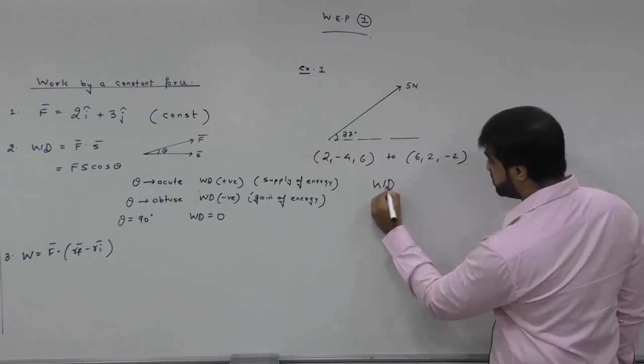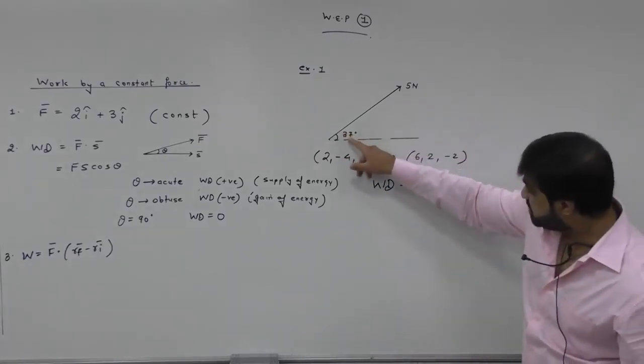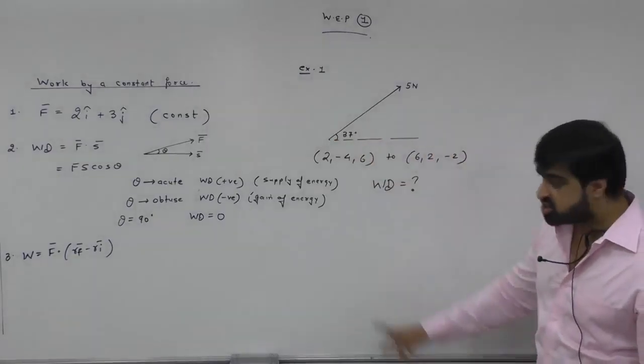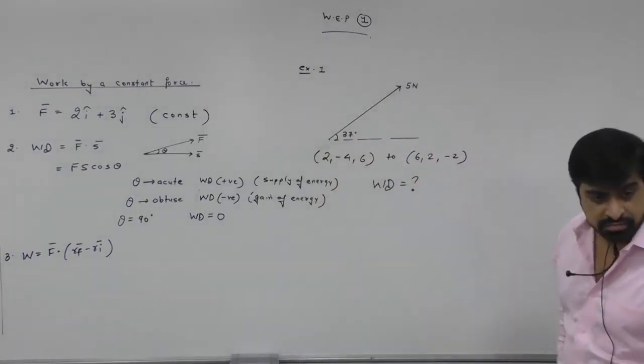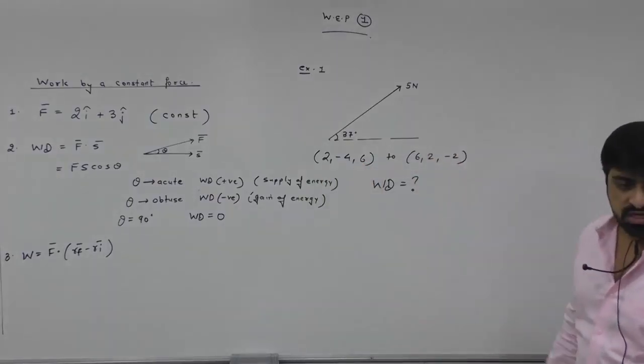Find the work done in this process. This force is acting at 37 degrees with respect to the x-axis and the body is displaced from this position to this position because of this force. I want to find the work done.